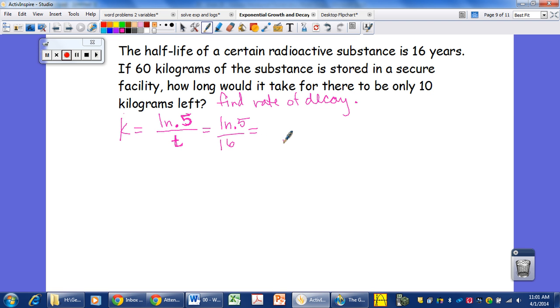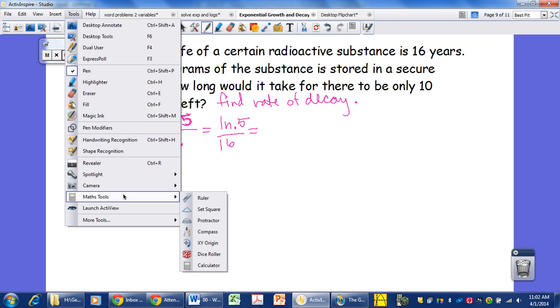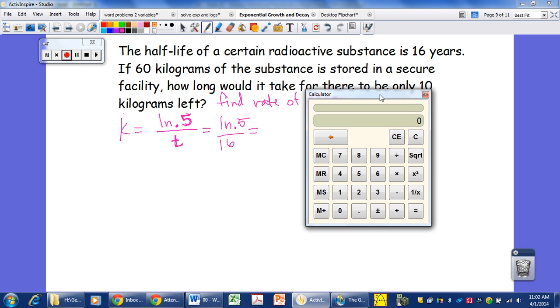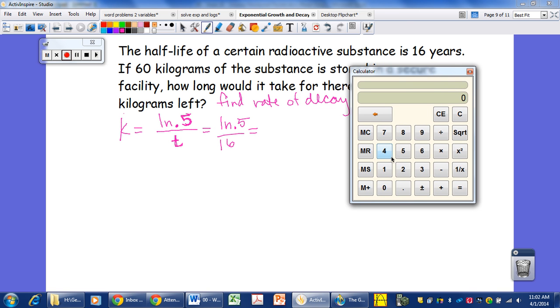Sorry, bless me, I sneezed. So let's figure this out. Let's bring up a calculator and see if we can have this done. The natural log of 1/2. I can't figure out the natural log button on this calculator, and it's not very good at all.